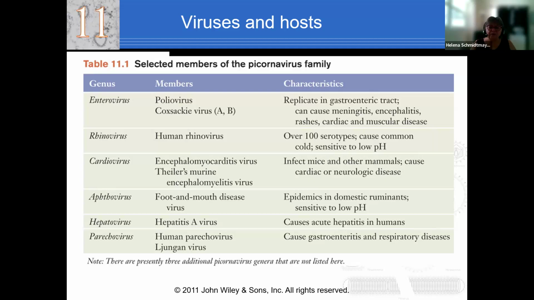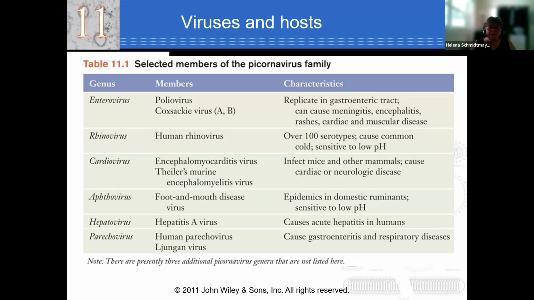And also, since they are enteroviruses, they are usually transmitted through the orofecal route. They must also resist the environment for a while. And they can trigger diseases from poliomyelitis, meningitis, cardiac, and muscular disease.